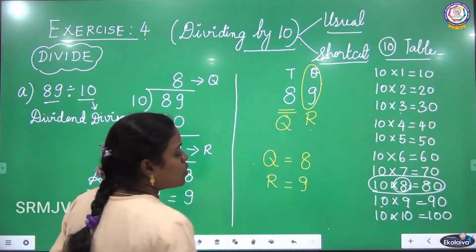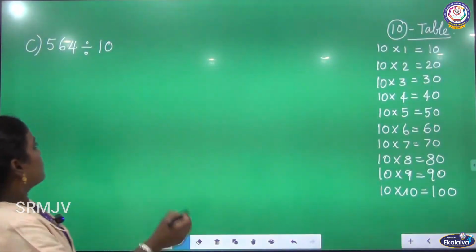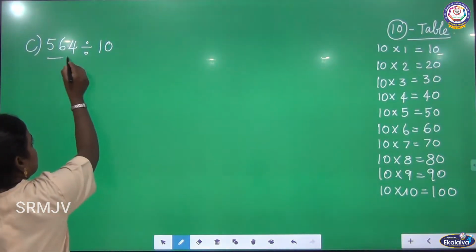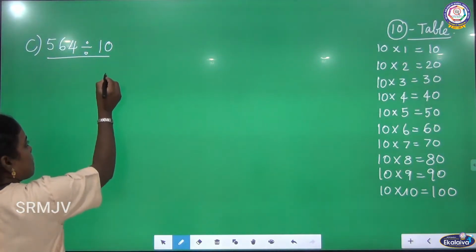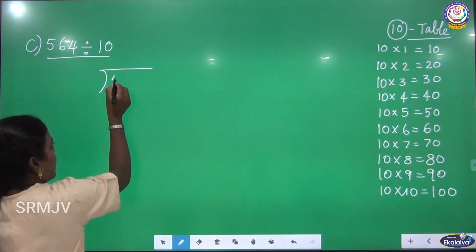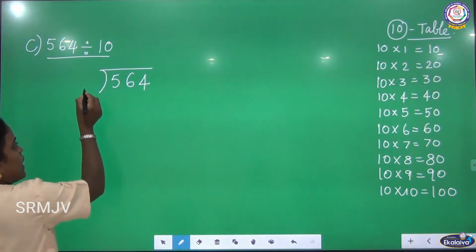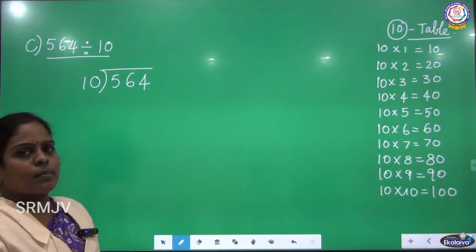Now let us move to the next sum. 564 divided by 10. Let us arrange the numbers. 564 inside the division bar and 10 is the divisor, so we should write it outside the division bar.